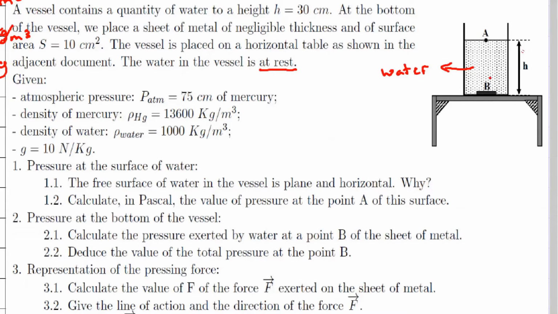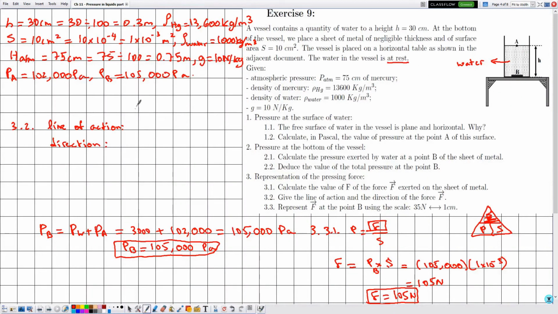We know that this liquid, which is water, exerts pressure at the point B downward, which causes a force on the point B. So what's the direction and the line of action of this pressing force? It acts on the point B vertically downward. So the line of action is vertical and the direction is downward.